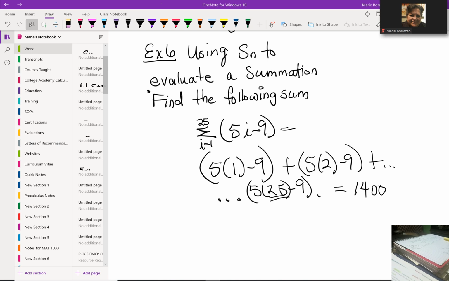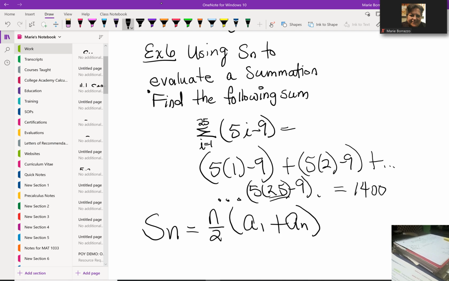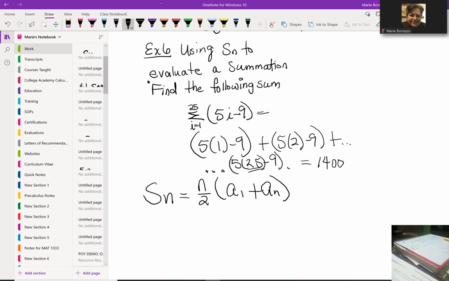Or we could use our formula, S sub n is equal to n over 2 times a sub 1 plus a sub n. So first things first, we would need to find a sub 25. So a sub 25 is equal to a sub 1 plus n minus 1 times the common difference. All right, so a little bit of math.